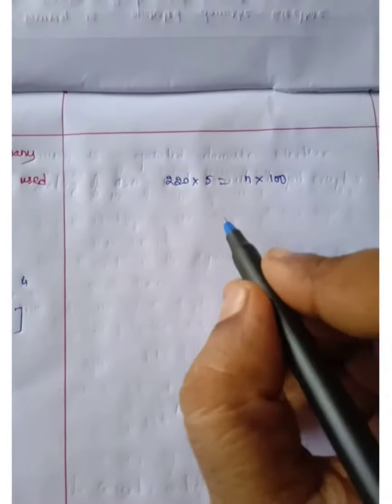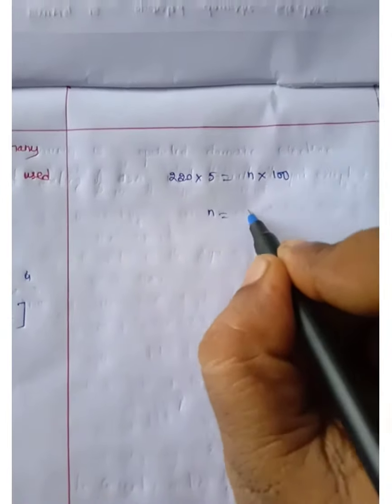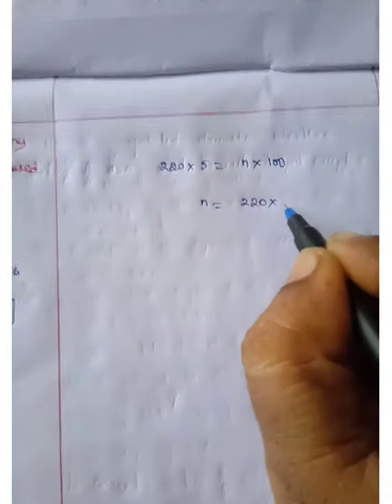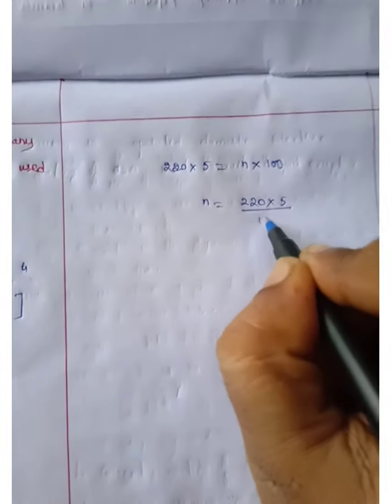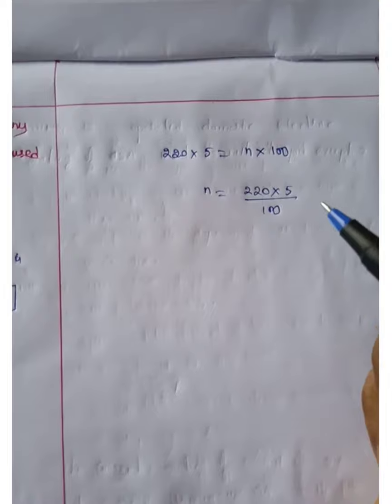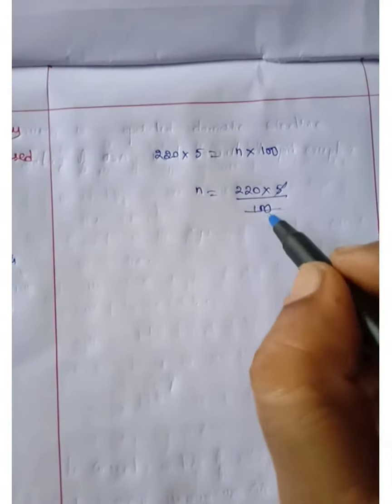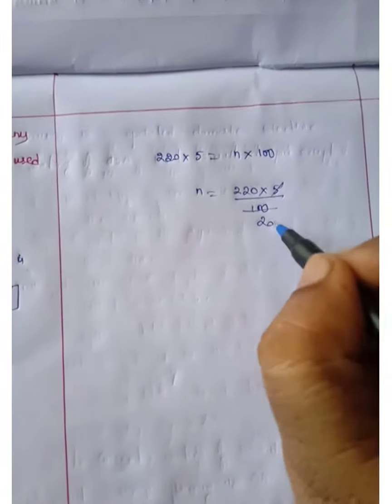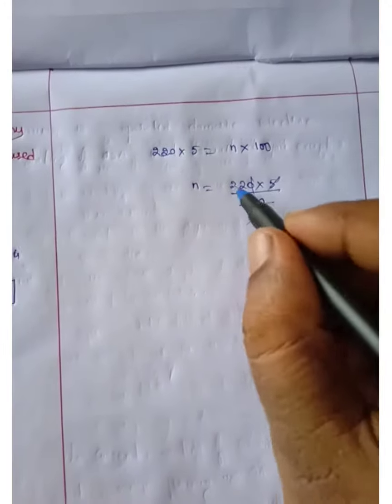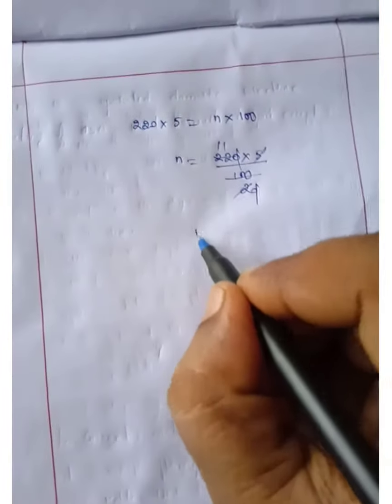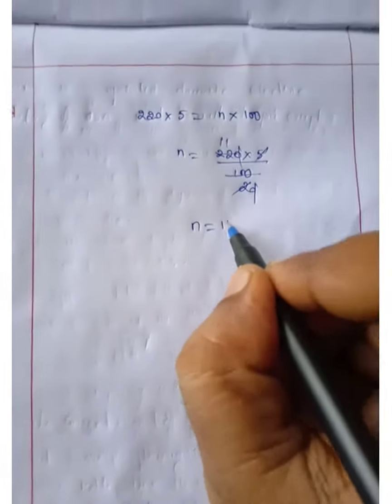Therefore, N is equal to 220 into 5 by 100. 5 ones are 5, 5 twenties are 100, so the zeros cancel. 2 elevens are 22, and N is equal to 11.